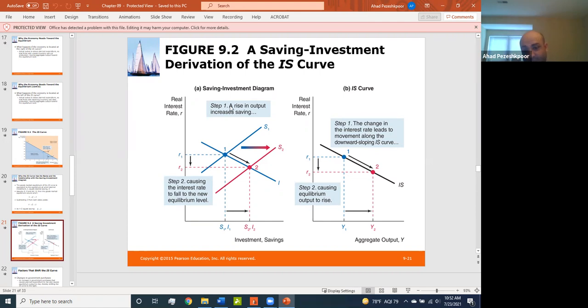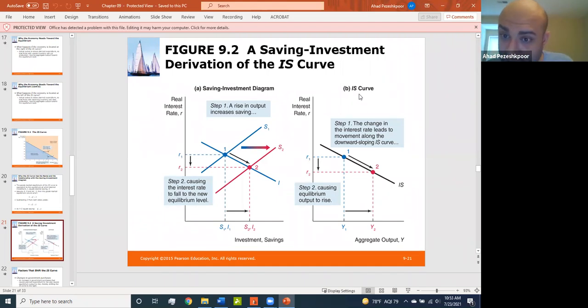The IS curve, on the other hand, looks at this from the opposite way. These two happen simultaneously. A saving investment market curve will look at this from the point of first there is an increased output, then there is a fall in real interest rate.